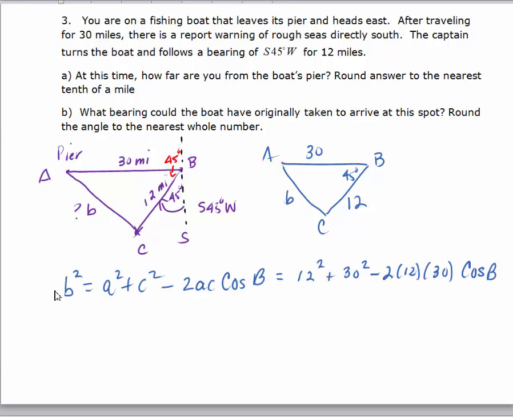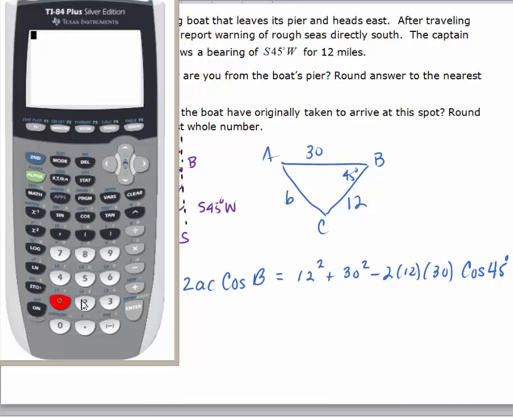So we've got the formula for solving for B. Enter the values: 12 squared plus 30 squared minus 2 times 12 times 30 times the cosine of 45 degrees. Evaluate on our calculator. We'll take 12 squared plus 30 squared minus 2 times 12 times 30 times the cosine of 45.